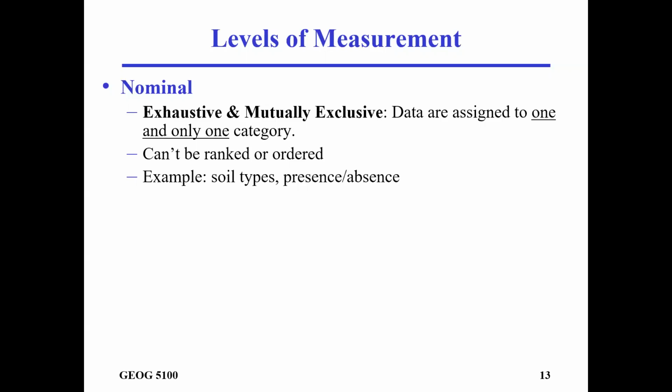A more specific example would be using different numbers for different ethnic groups in demographic geography. For example, we can assign value 1 to white, value 2 to black, value 3 to Asian, value 4 for Latino, right?